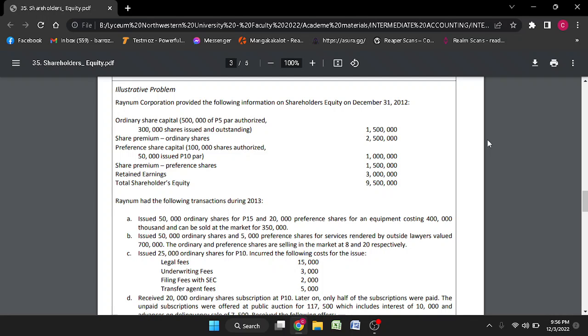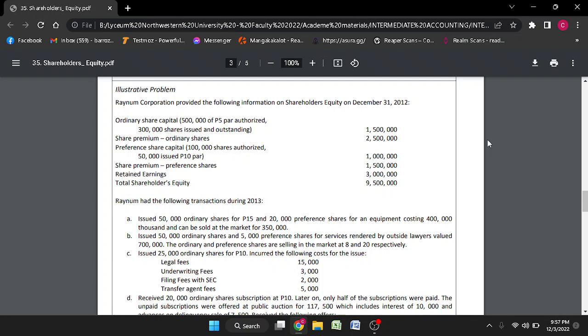Out of that 500,000 shares authorized, 300,000 of which is issued and outstanding, amounting to 1.5 million pesos. So to check it, 300,000 shares times 5 pesos par value is equal to 1.5 million pesos.